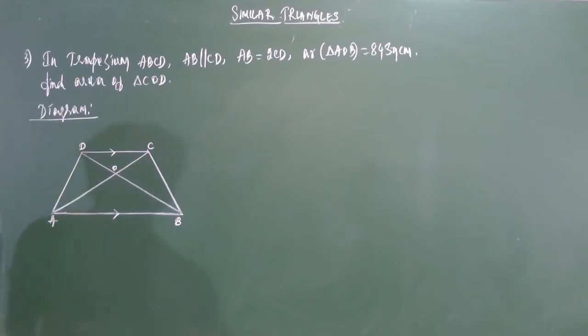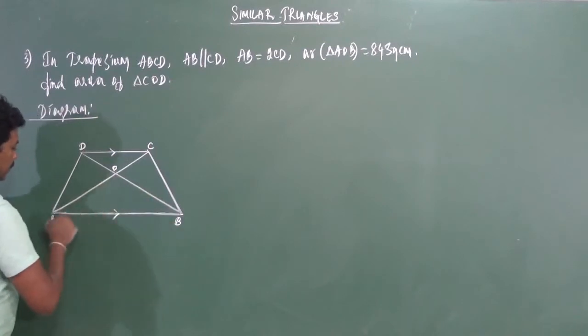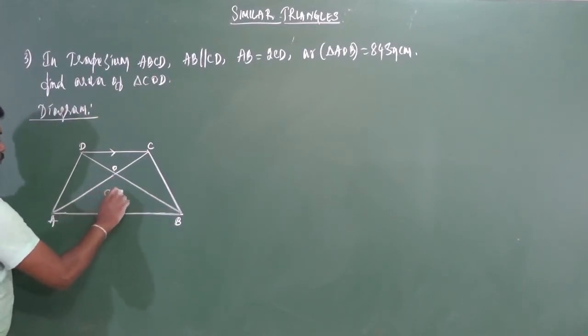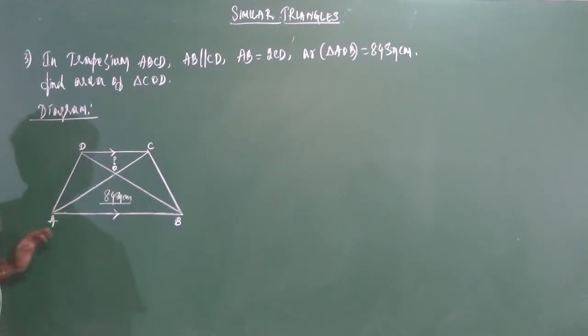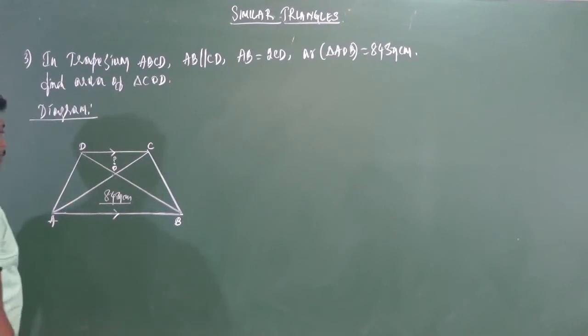If area of triangle AOB is 84 square centimeters, then find the area of triangle COD. You have to find the area of triangle COD, right? It's a very nice problem.